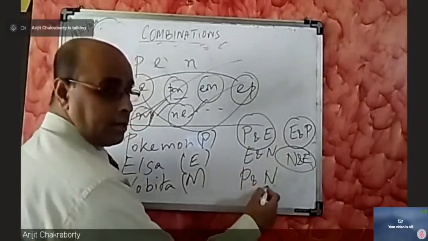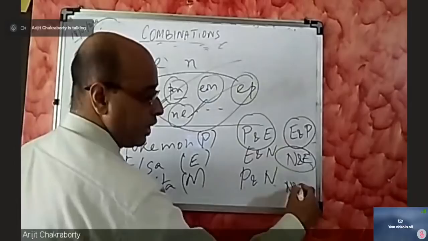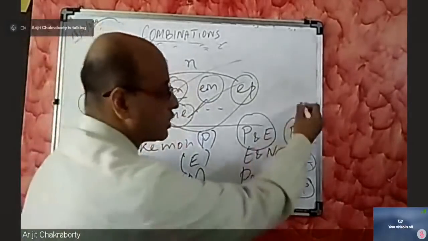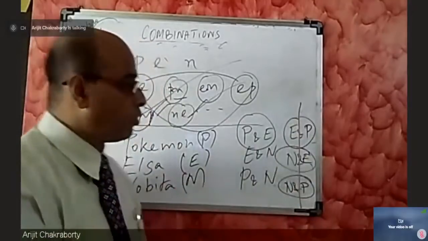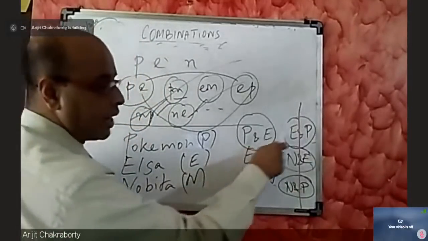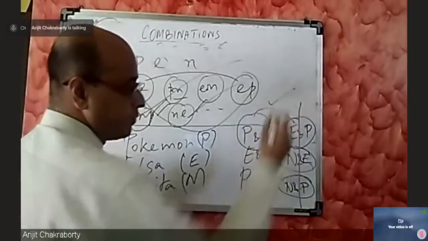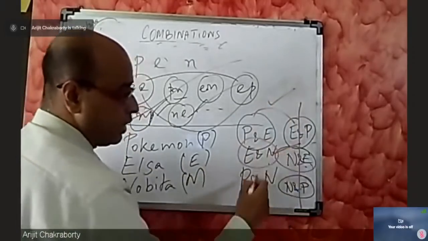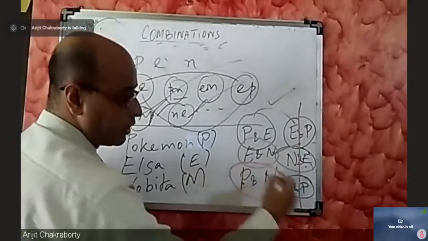Similarly, Pokemon and Nobita, and if I write Nobita and Pokemon. So this right side does not matter anymore. Pokemon and Elsa and Elsa and Pokemon are the same. Elsa and Nobita and Nobita and Elsa are the same. Pokemon and Nobita and Nobita and Pokemon are the same.